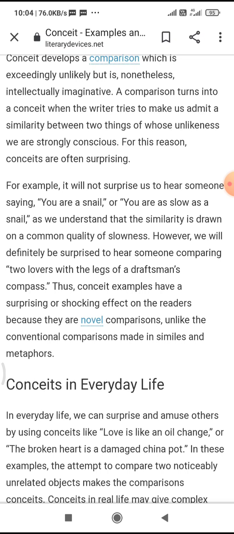These are strange and surprising kinds of comparisons which are not commonly heard in conventional comparisons. Similes and metaphors are traditional and common comparisons which are generally used, but conceits are surprising and shocking comparisons.